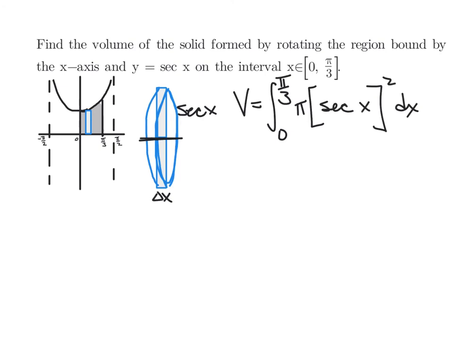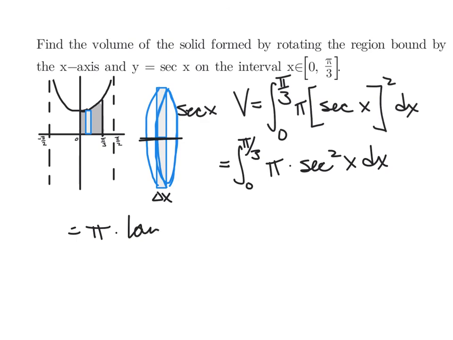That works out pretty nice for us, because when we square secant of x, our integral really looks like this. We're going from 0 to pi over 3 of pi times secant squared of x dx. And the integral of secant squared is tangent. So I got pi times tangent x evaluated from 0 to pi over 3.